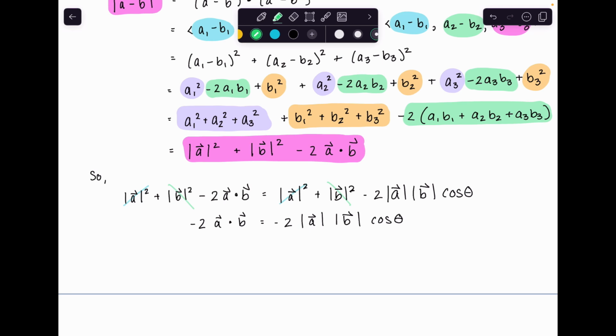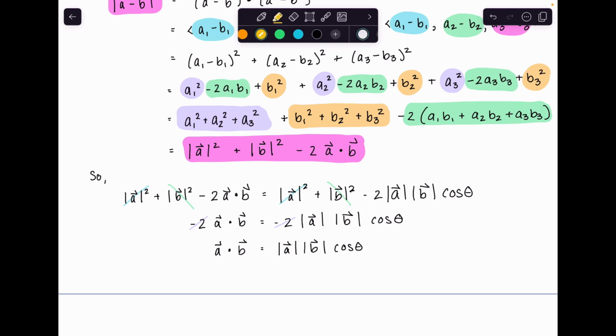And then when you divide by negative 2, that cancels out. And this tells us if I take A dot B, it's equal to the length of A times the length of B times cosine of the angle between them.